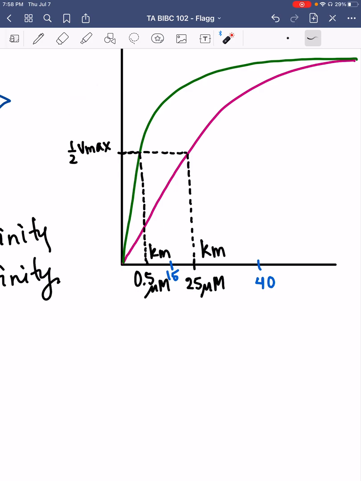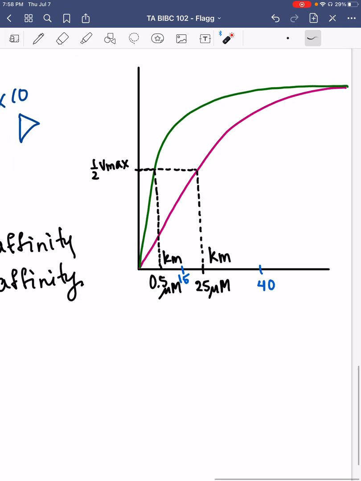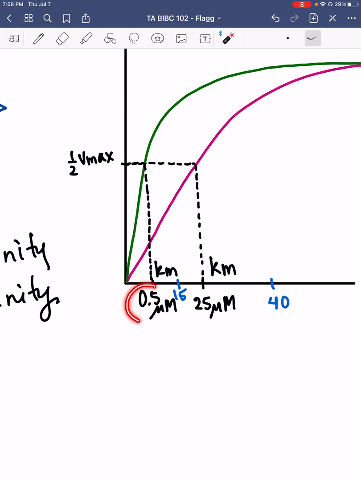Okay, so to answer this question, you just need to describe, and maybe you can draw something like this and show your understanding of this enzyme having a much smaller Km.